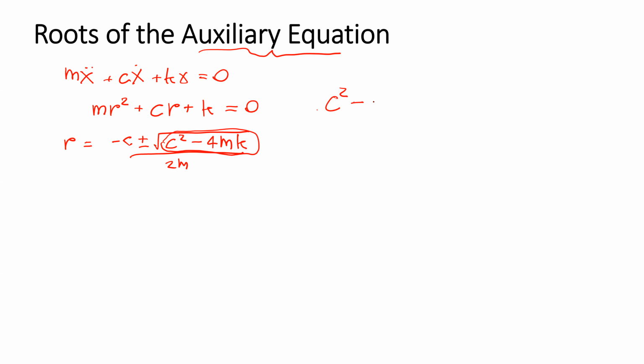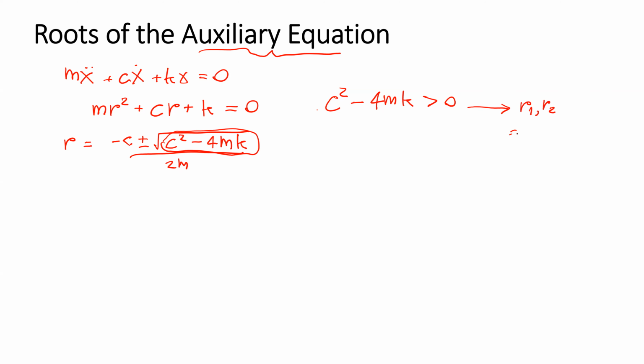If c squared minus 4mk is more than 0, the square root term will be a real number, and the equation will have distinct, different real roots, R1 and R2.